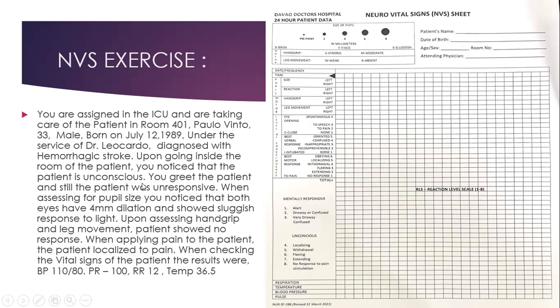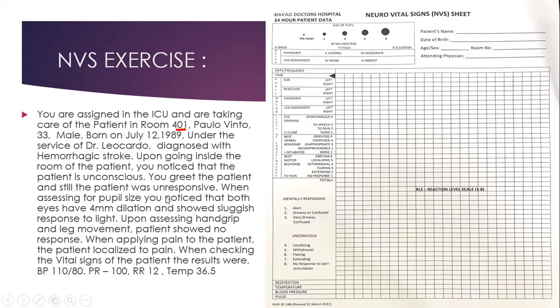Alright? So we have here, you are assigned in the ICU and are taking care of patient in room 401, Paulo Vinto, 33 male, born on July 12, 1989, under the service of Dr. Leo Cardo, diagnosed with hemorrhagic stroke. Upon going inside the room, you notice that the patient is unconscious. You greeted the patient and the patient was unresponsive.